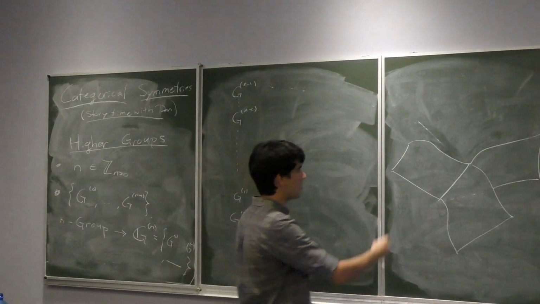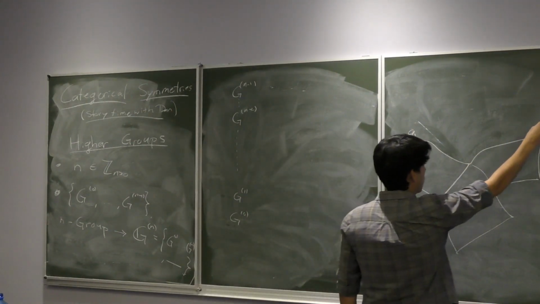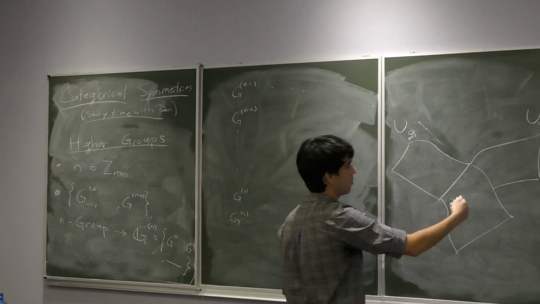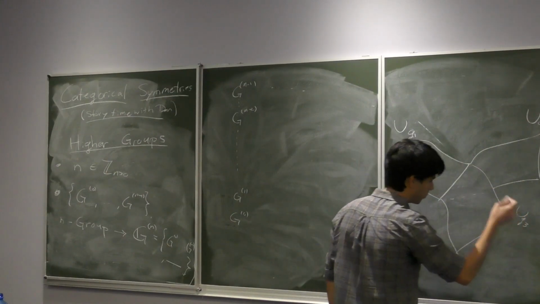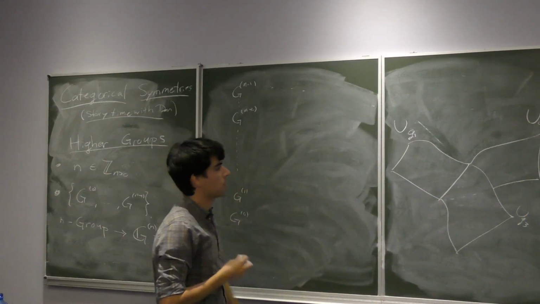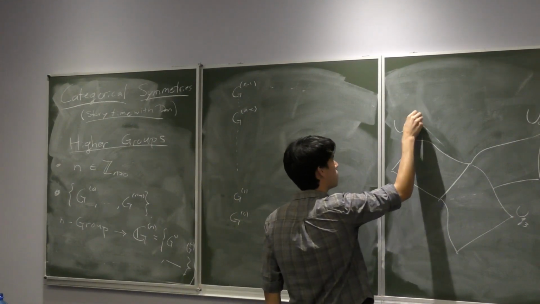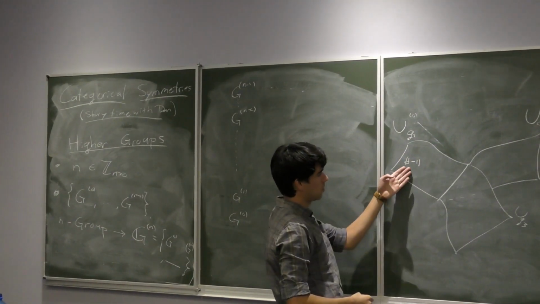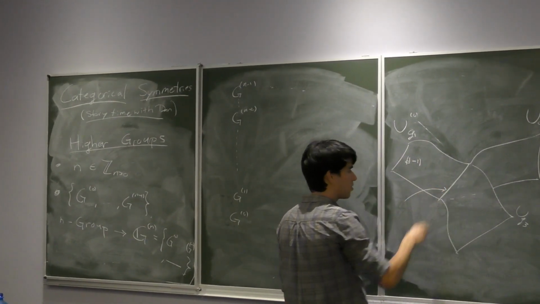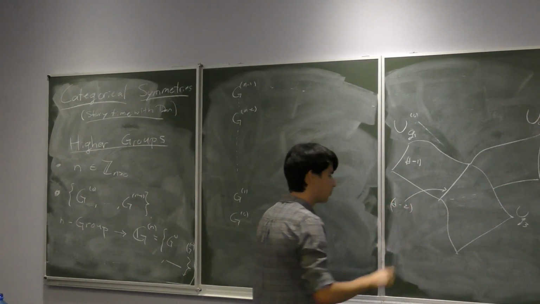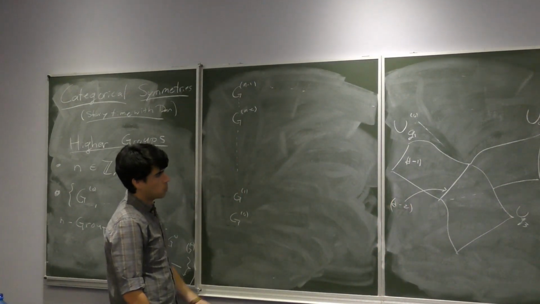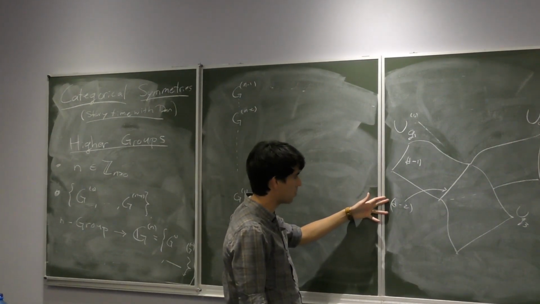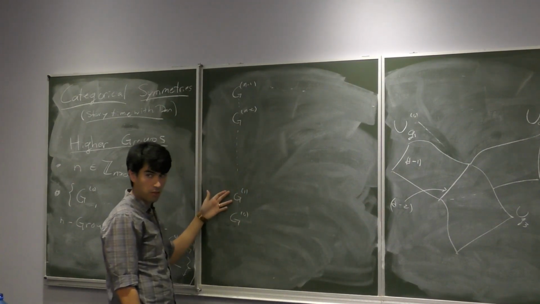You can alternatively think about this as taking two symmetry defect operators, U_G1 and U_G2, and colliding them, and then you get your U_G3. At any rate, if this is a 0-form symmetry, this is a (d-1)-dimensional symmetry defect operator, but the intersection is (d-2)-dimensional. And so with a 0-form symmetry, you'd say, aha, now I have something that looks (d-2)-dimensional, which is exactly what you would need for a 1-form symmetry.